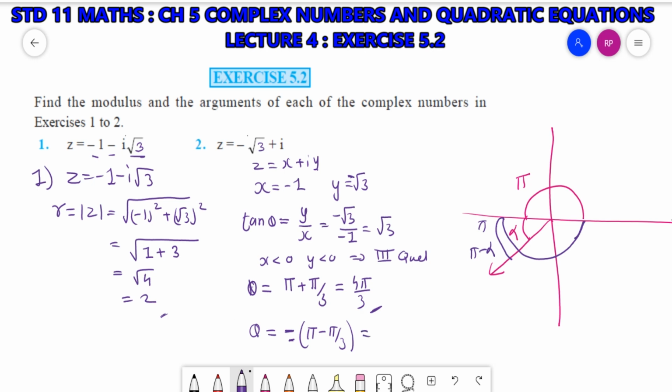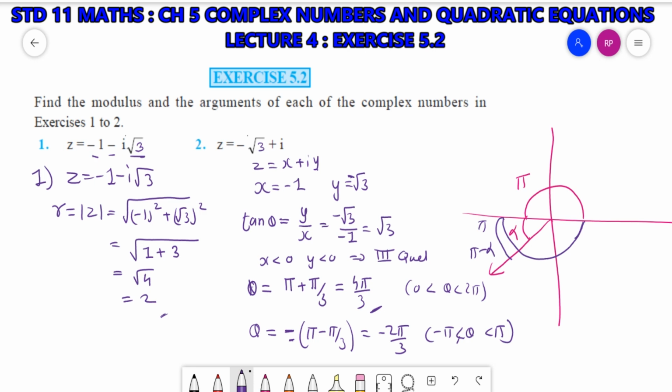So this will be minus 3 pi minus pi, that is 2 pi by 3. So either write down 4 pi by 3. In this case we are taking 0 less than theta less than 2 pi. In this case we are taking minus pi less than theta less than pi. So from this to this. So this was about question number 1.